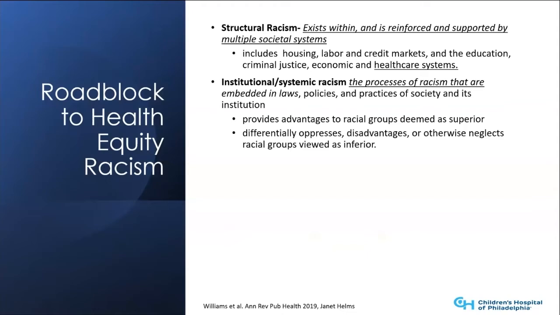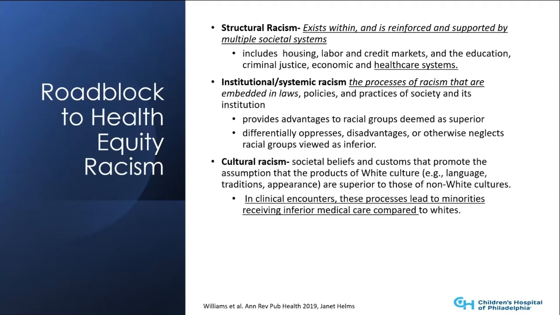Institutional or systemic racism are the processes of racism that are embedded in the laws, policies, and practices of society and its institutions. Unfortunately, it provides advantages to racial groups who are deemed superior, whereas it differentially oppresses, disadvantages, or otherwise neglects racial groups viewed as inferior.